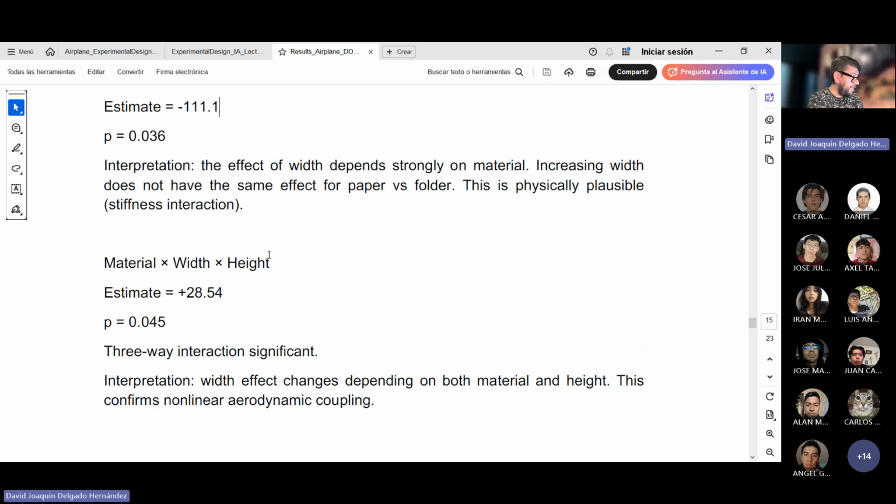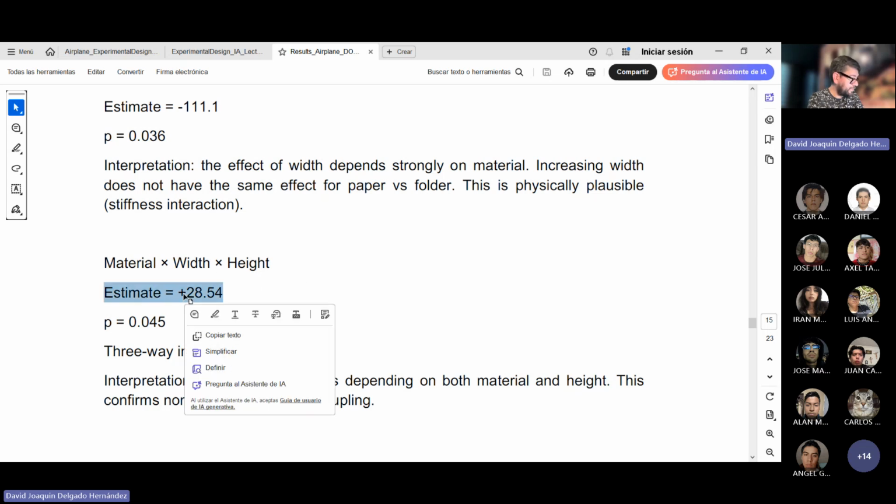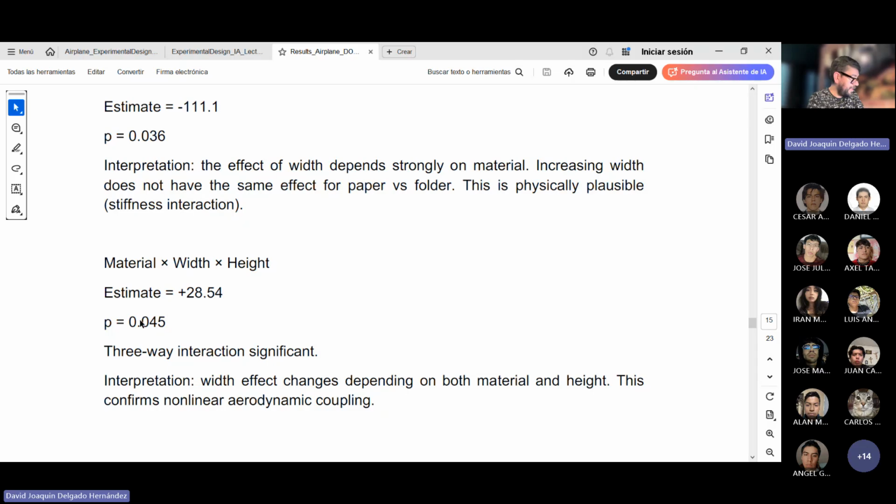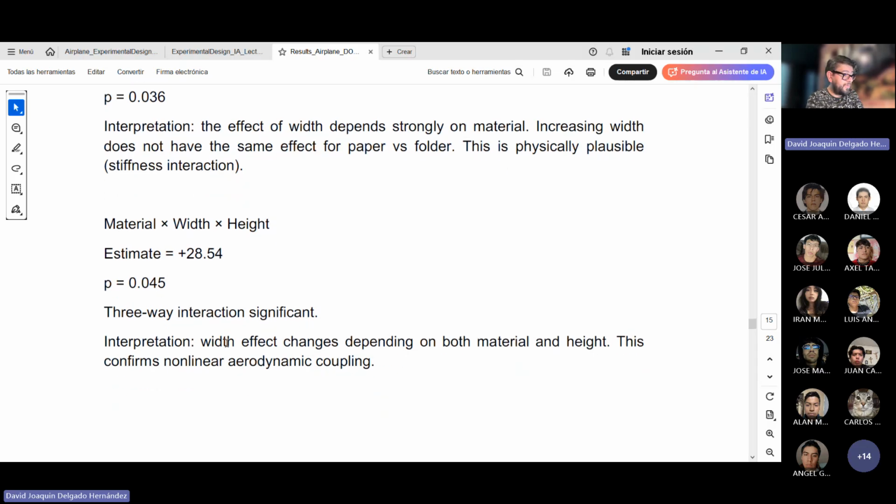Let's see material times width times height. This is the estimate, and it is significant again. So the width effect changes depending on both material and height. This confirms nonlinear aerodynamic coupling.